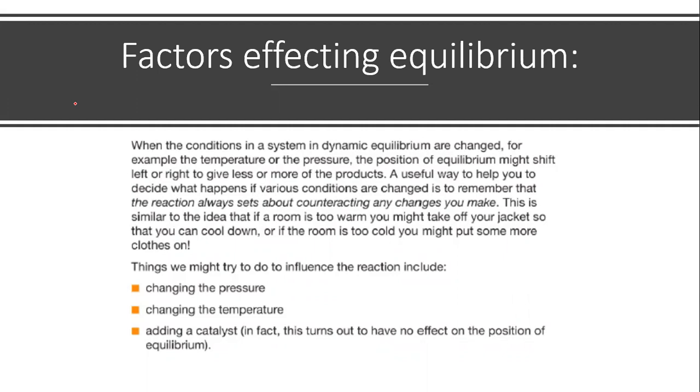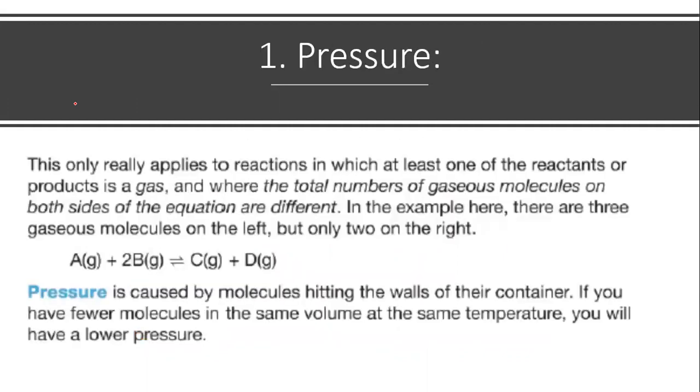Okay, let's talk about pressure. What happens when we increase or decrease the pressure? First of all, let me tell you what happens, and then I will tell you why it happens. So let's remember this.